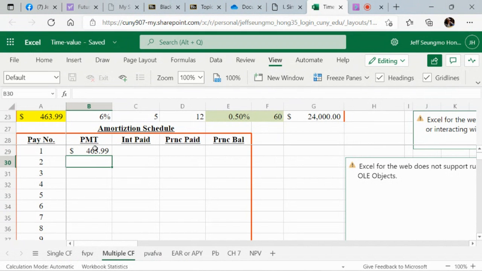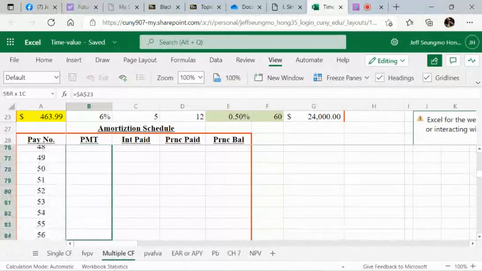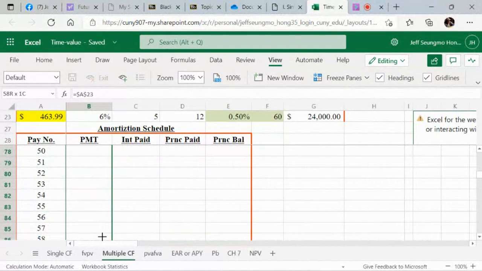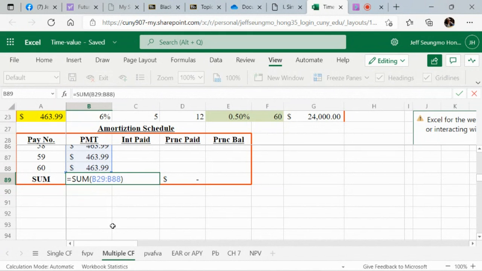And then you drag it down until you reach row 88. So every month is going to be 463.99. And at the bottom, I have already entered the auto sum. So it's going to, so think about it.